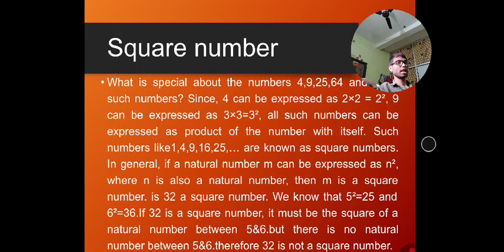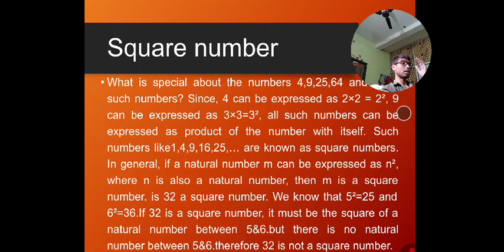For example, we have 9. We consider that this is a product. Now, what would be the number that we multiply with itself to get this product? For 9, we will take 3.